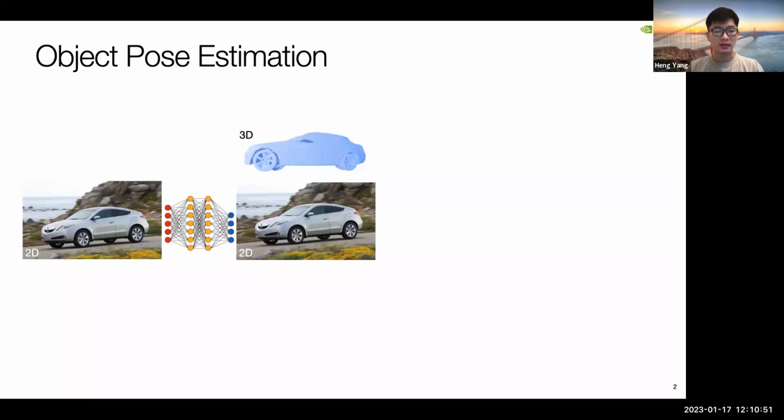These detected 2D semantic keypoints are in correspondence with 3D keypoints. For example, here I'm showing some keypoints of the mirrors, the doors, and other parts of the vehicle. This step is typically called the feature matching front end of the perception pipeline.